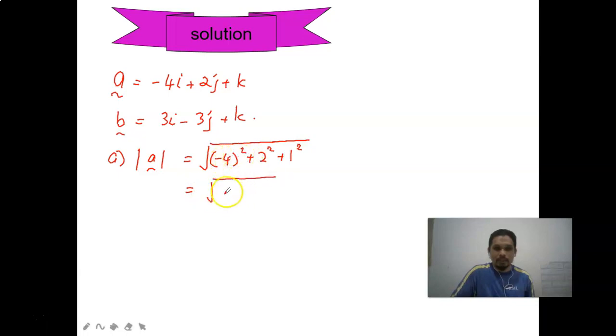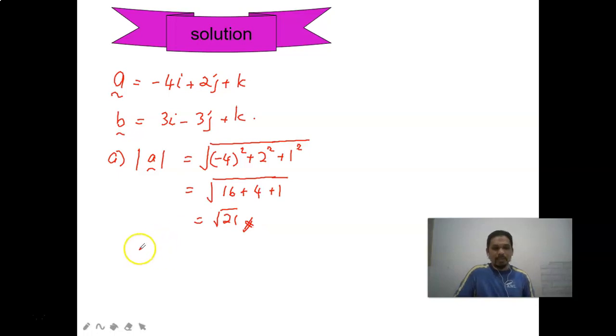Negative 4 square equals 16, plus 2 square equals 4, plus 1 square equals 1. 16 plus 4 is 20, plus 1, then you come up with square root of 21.